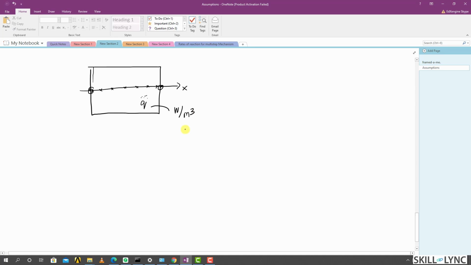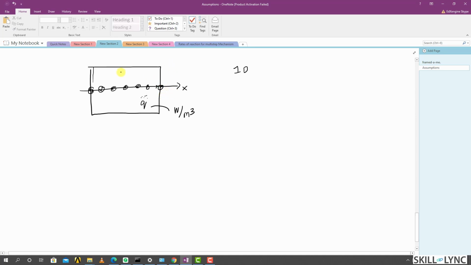So it's very similar to how a battery would generate. But though the heat generation is applied to the entire rectangle, only these nodes are going to be affected, because this is a 1D problem. If it's a 2D problem, then you will have nodes throughout the area, and those nodes will also get a share of the generated heat.